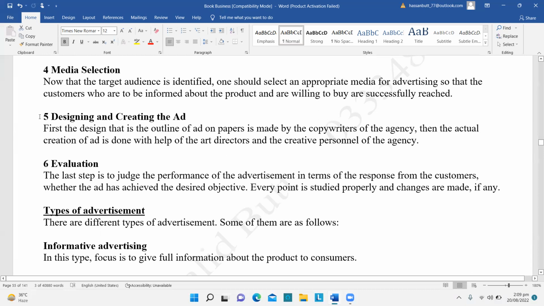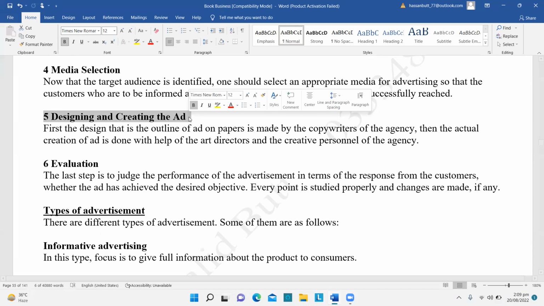Then we have designing and creating the ad. That is a very critical stage because now you will be developing the ad. What message would be conveyed through that advertisement? There are two ways. One, the company does it on their own if they have their own marketing and advertising department. Larger companies, like public limited companies, do have it, but smaller companies do not have the expertise.